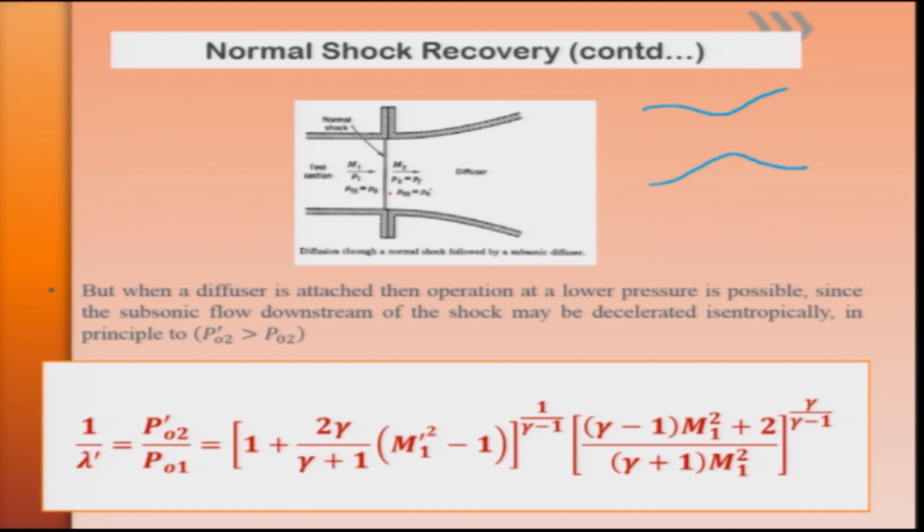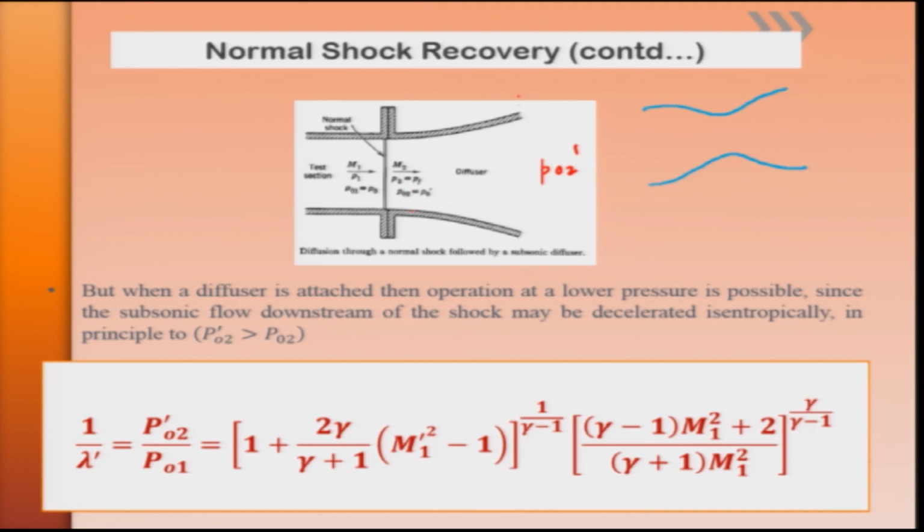In this case, let us say the stagnation pressure is PO2 dash, whereas by attaching a normal or plain diffuser at the exit of the convergent divergent nozzle, at the exit point we obtain PO2 dash, which is more than PO2.